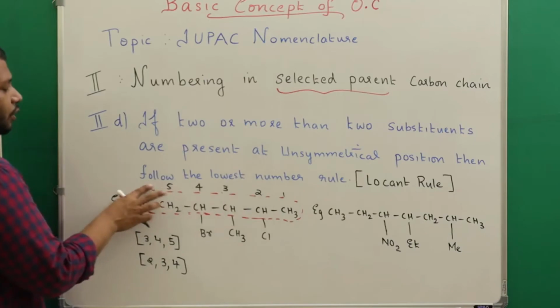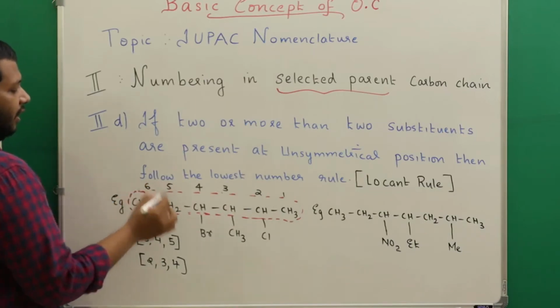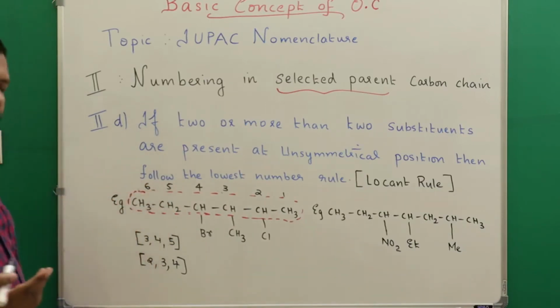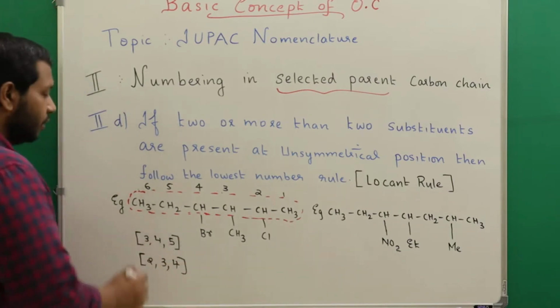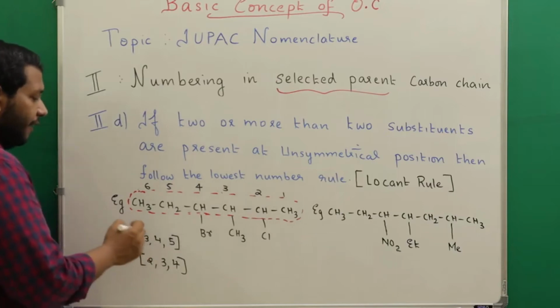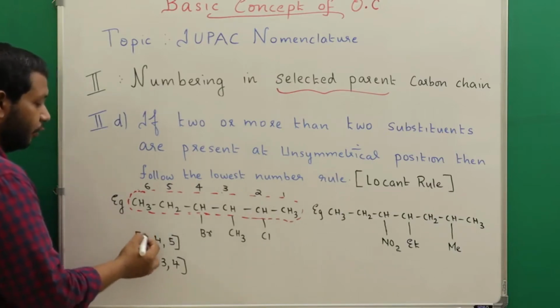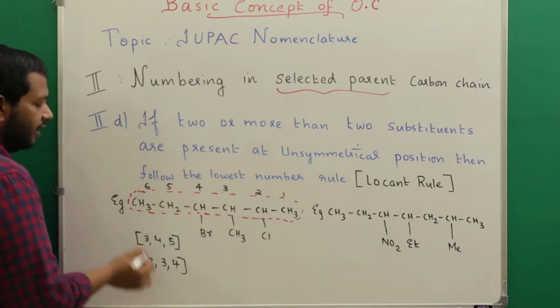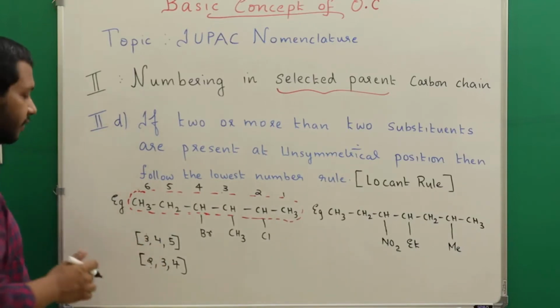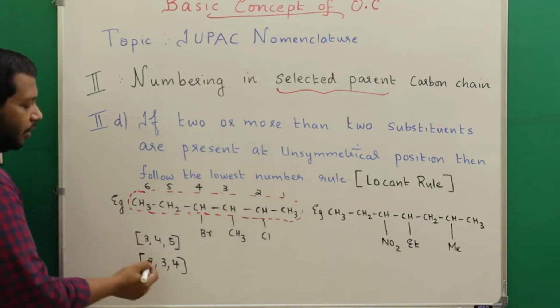Now which locant should I choose, that is the question here. What the lowest number rule states is, once you have written the possible locants, you should compare from the leftmost position, or it is also called the first point rule. The first number here is 3 and here it is 2. From this itself I will understand that the lowest number is 2.